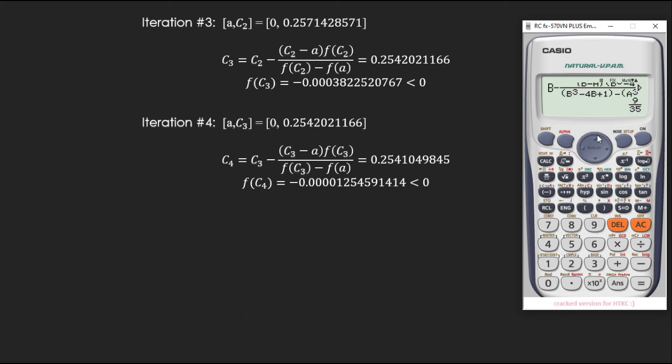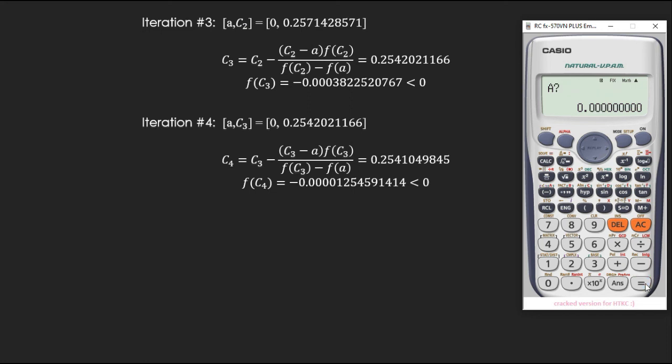After pressing the up button, we get our scheme, and then I will press the calc button and replace the b value by this value, 0.257142851.